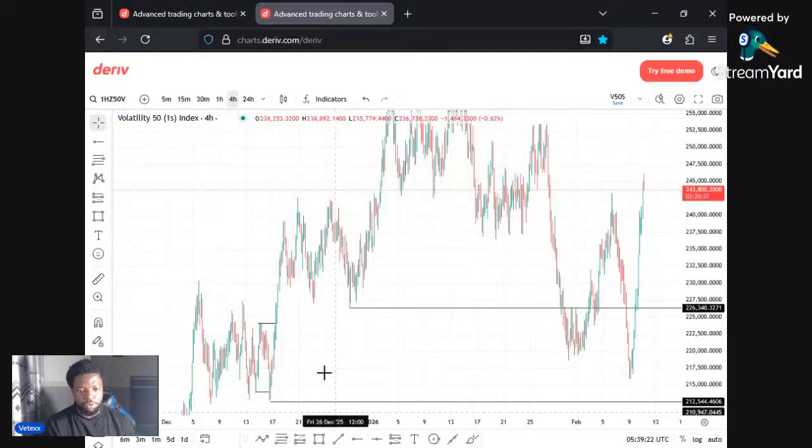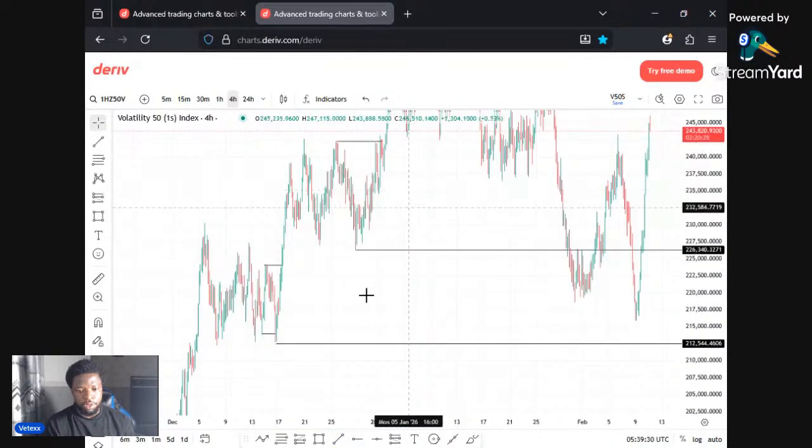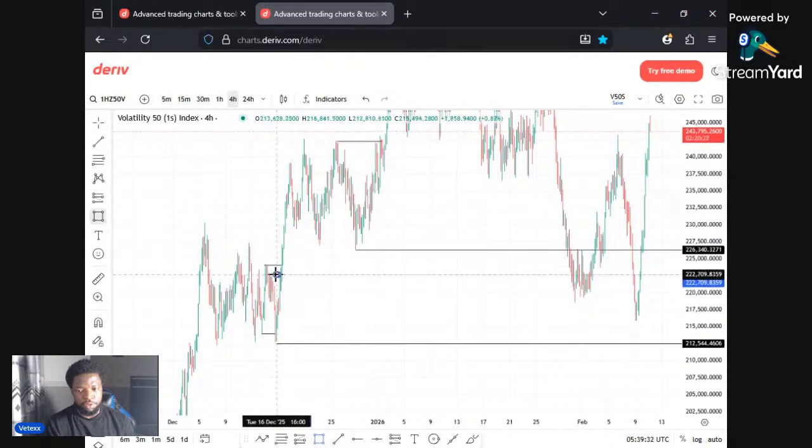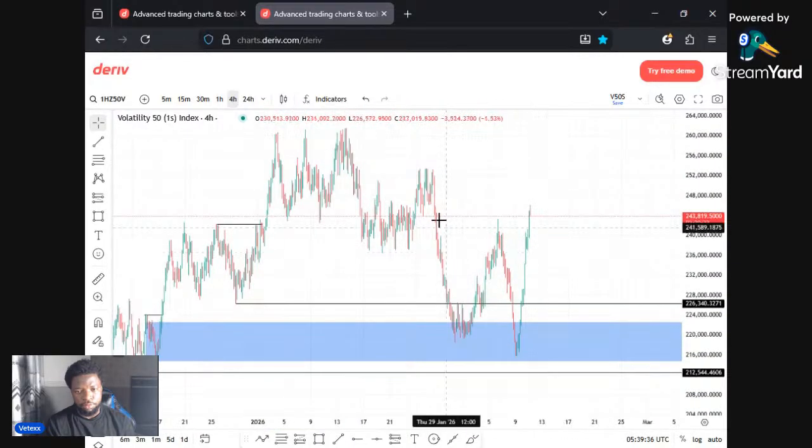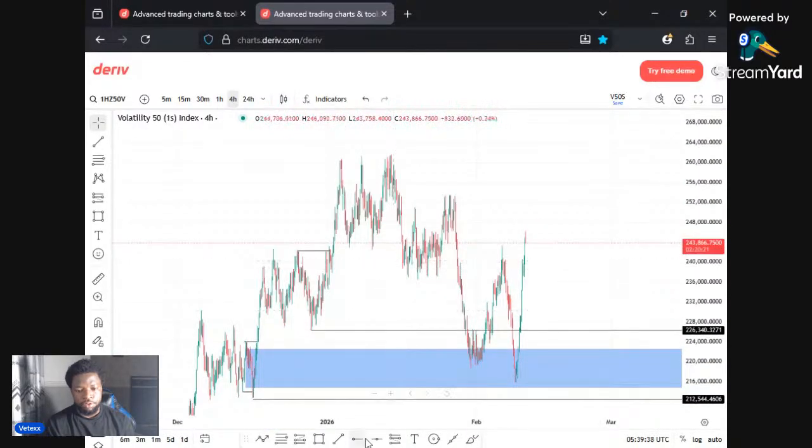And then we have what? Second break of structure. And this is our point of interest. This is our protected high, which is right here.